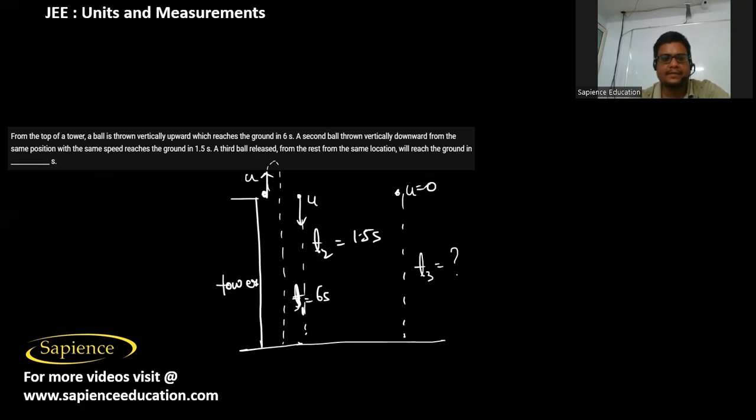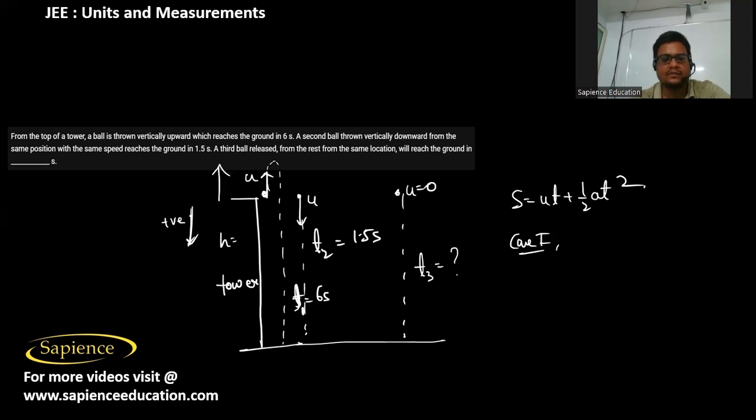So here, let's say the height of the tower is h. And here we can say s equals ut plus half at square. Now, if we consider vertically downwards as the positive direction of the y-axis, then in case 1, the initial velocity is minus u, since it is vertically upwards.